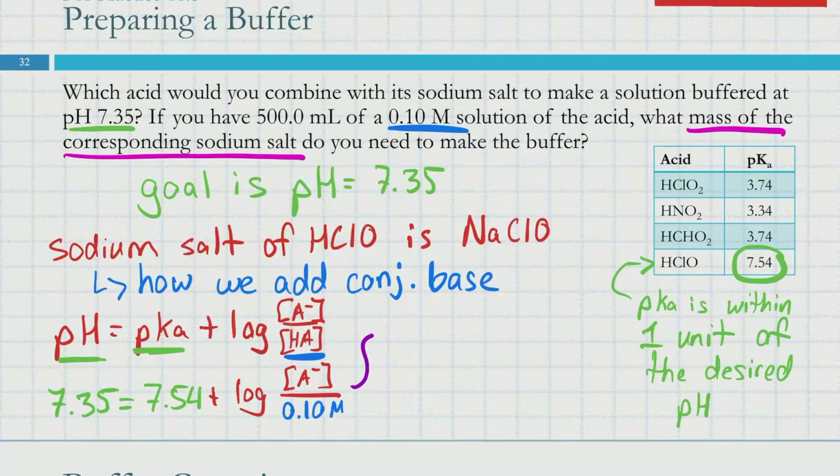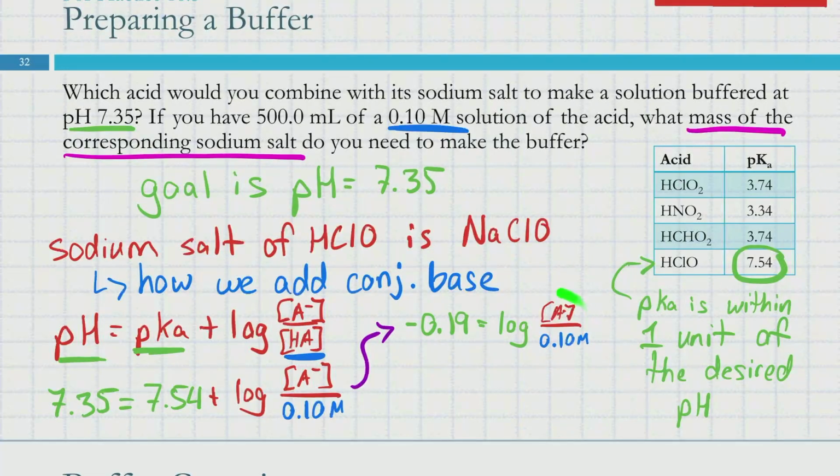So we're going to transform this a little bit. Subtract 7.54 from both sides. We get negative 0.19 equals log concentration of A over 0.10 molar.